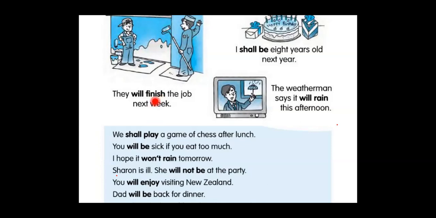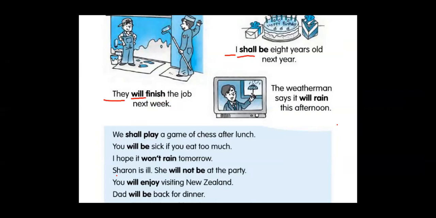Is there any ed added over here or ing? No. Okay. From these two sentences, what have you understood? With the pronoun I, what did we use? I shall. And with the pronoun they, what do we use? They will.